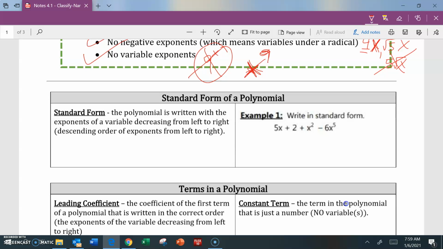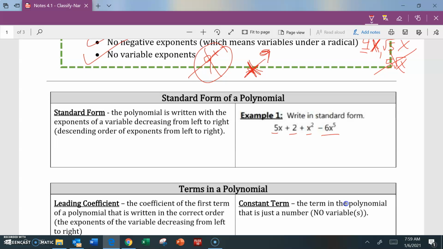So the standard form of a polynomial basically just means you need to write that polynomial in order from highest exponent to lowest. And that doesn't mean you're going to have a term that has every exponent on it. But if we look at this example here, right now we have 1, 2, 3, we have 4 terms.